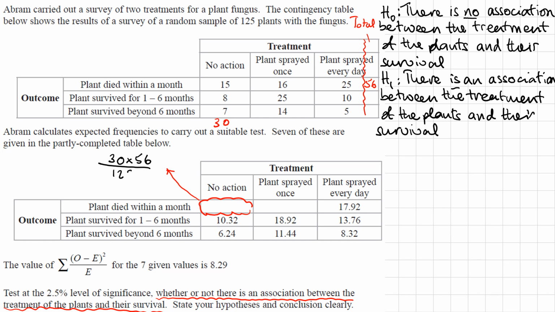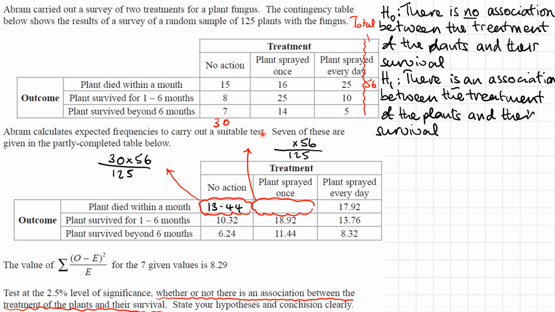And if we do that, we get 13.44. Similarly, we're going to do the same for this cell here. So it's going to be this column total. The row total is still the same, 56. So it's going to be something times 56 divided by 125.